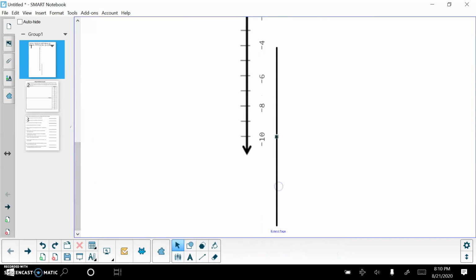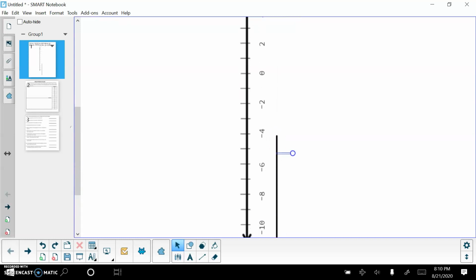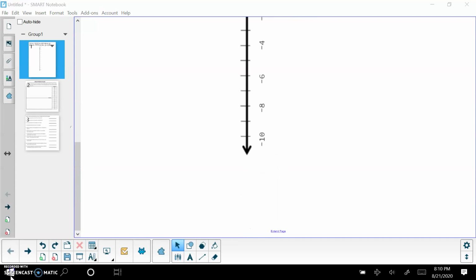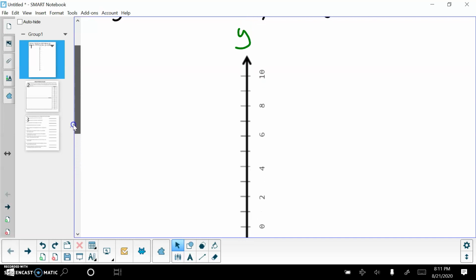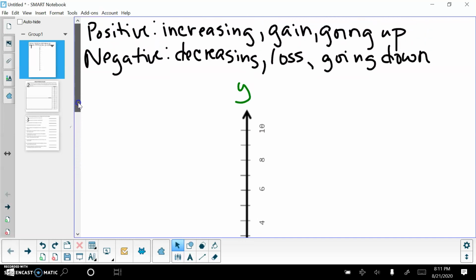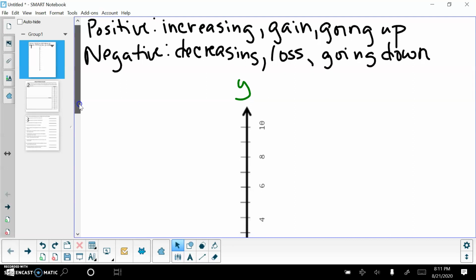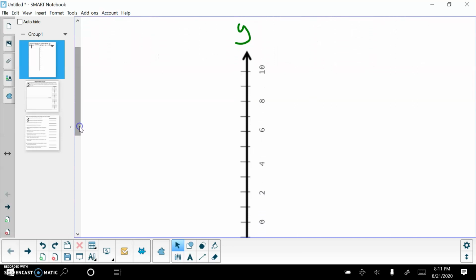I'm just going to move this one out of my way. Okay, I got that one out of the way. Now, if we think about the y, we really are thinking about things literally going up or literally going down, so I'm going to use height or altitude.